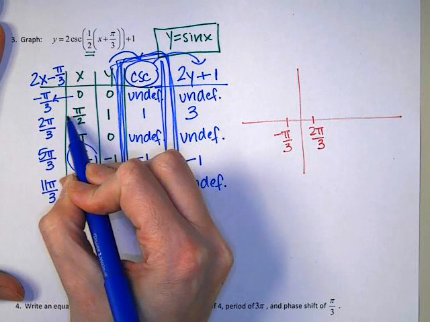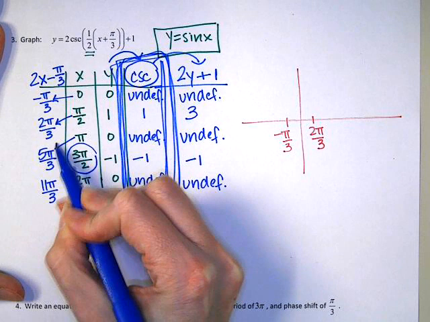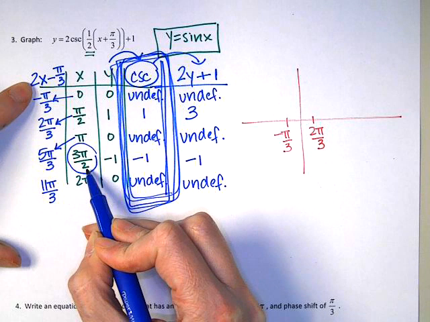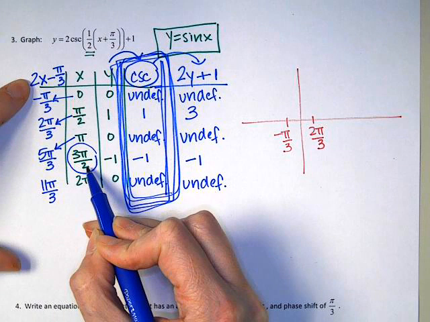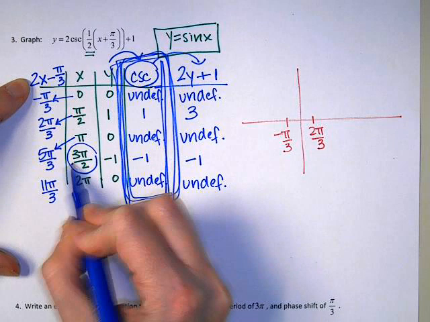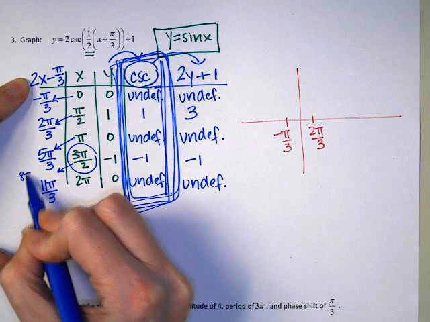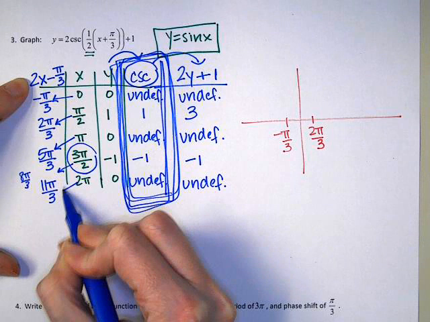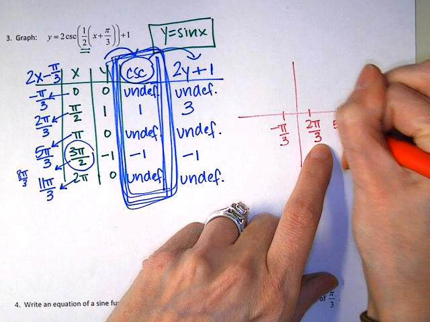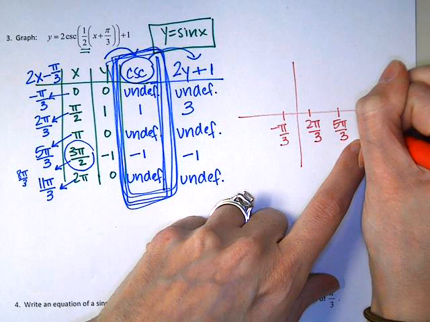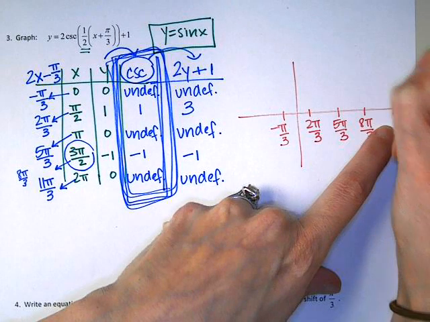Oh my gosh, I was writing too big. Yeah, okay. So this is 3 pi minus pi over 3, which is 8 pi over 3. I was going to say, I think we're off by 1. Okay, so the next one is 5 pi over 3, then 8 pi over 3, then 11 pi over 3.